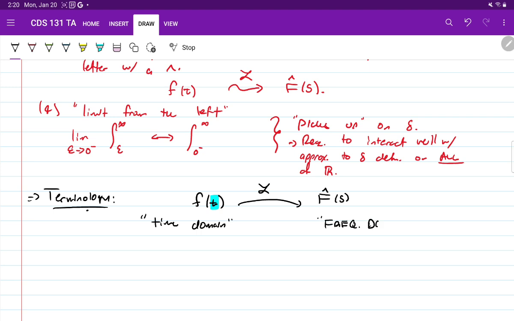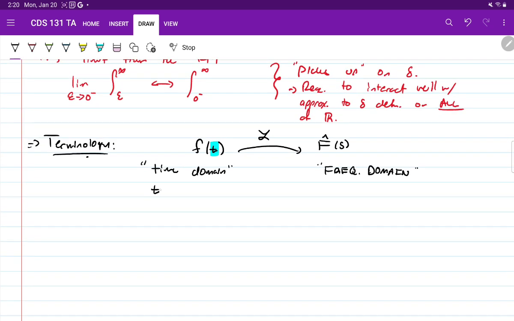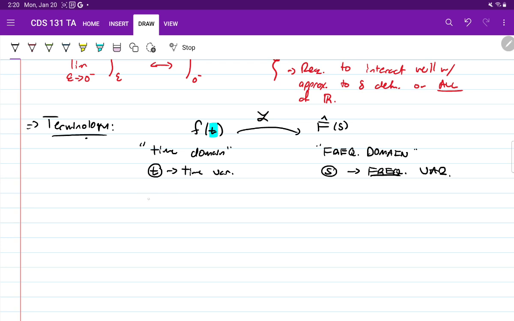Here, t is referred to as the time variable, and s is referred to as the frequency variable. If you're looking for some basic justification as to why, in the definition of the Laplace transform we had this e to the minus st, which is a complex exponential.